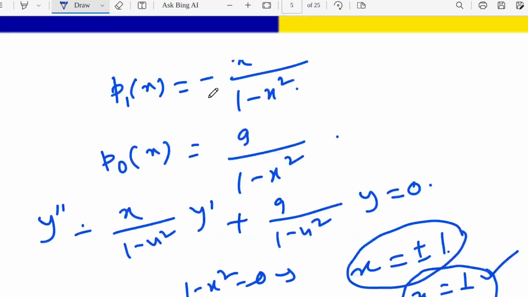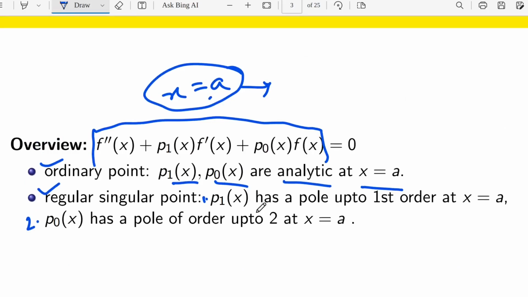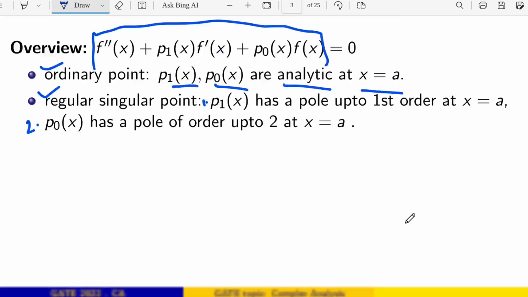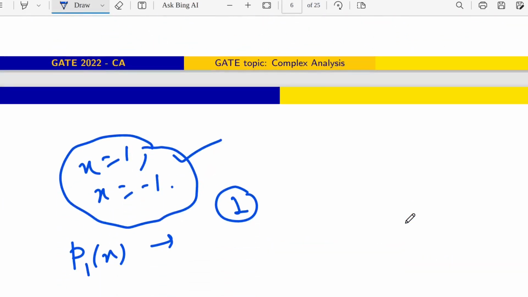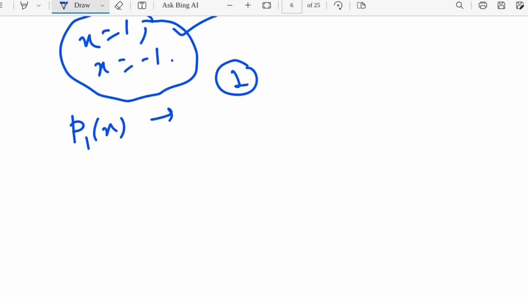It is already given here, right? Yes. P1x has a pole up to first order at x equal to a. So let us first calculate the first condition. Let us first calculate the x equals to 1 singular point. So at that point, P1x has a pole of order 1 or not, we have to calculate that one.